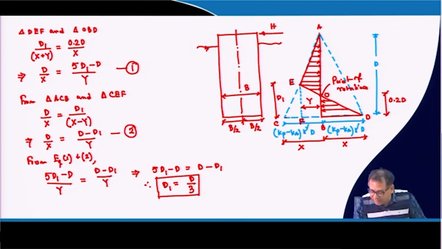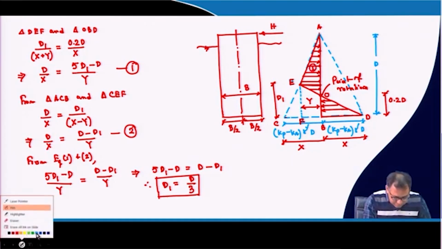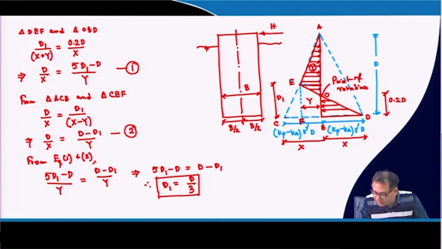This is part 1, this is part 2, this is triangle 1, then there is another triangle that we have considered, this is triangle 2, and this is triangle 3. So, we have taken 3 triangles.